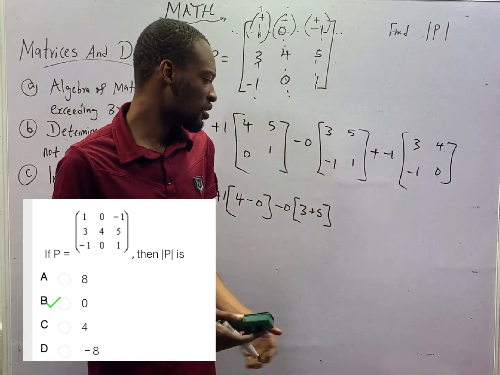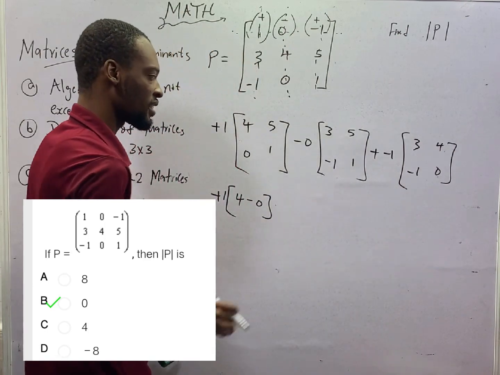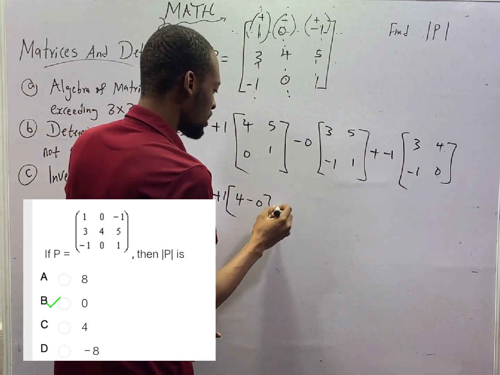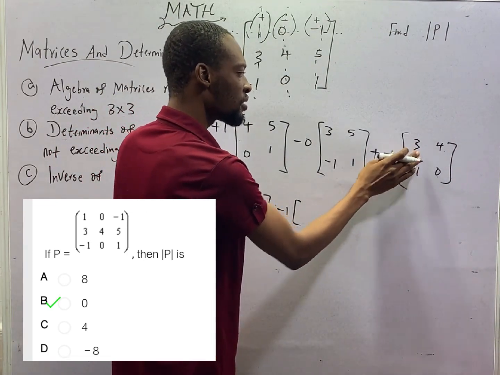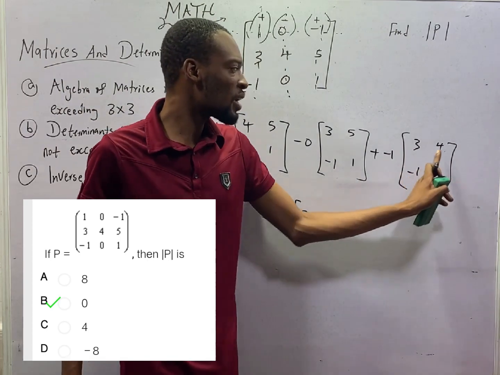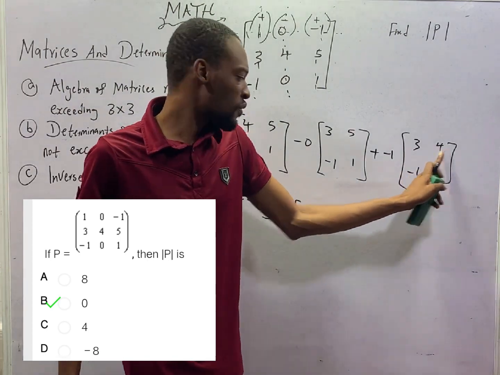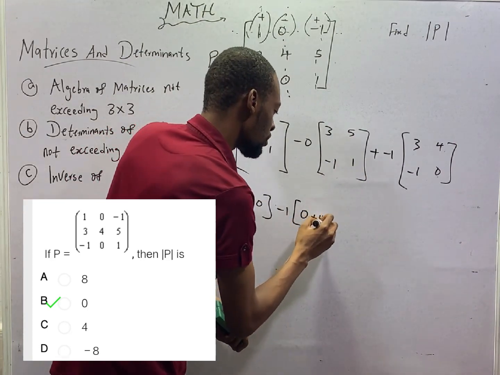We wipe. So for the sake of JAMB, you can actually skip this step and say plus times minus 1 is minus 1. And 0 times 3 is 0, minus 1 times 4 is minus 4. 0 minus 4, that is 0 plus 4.